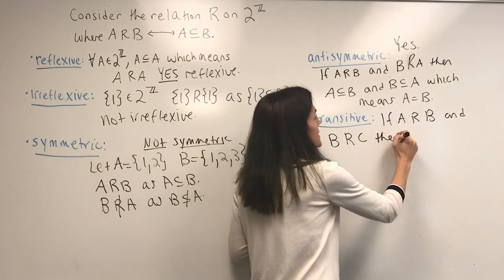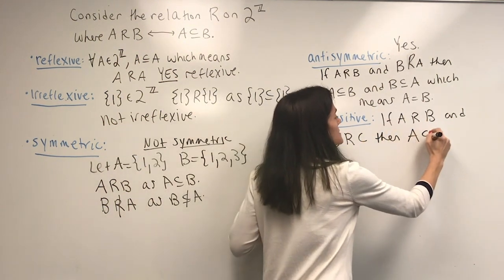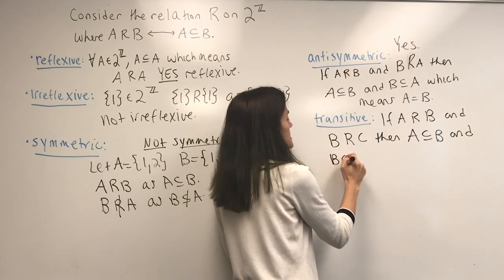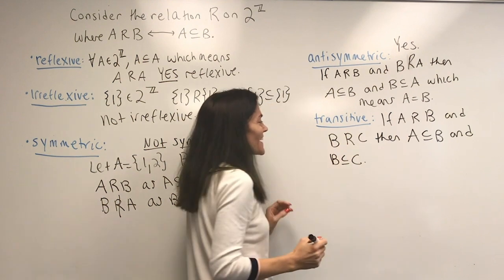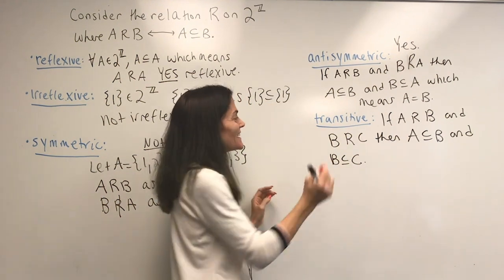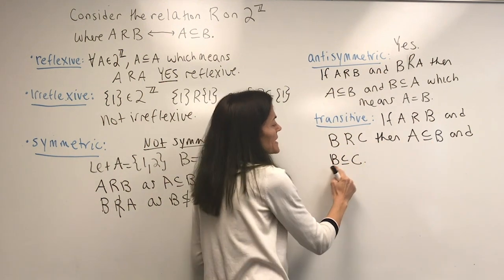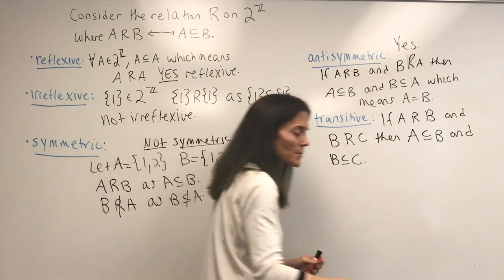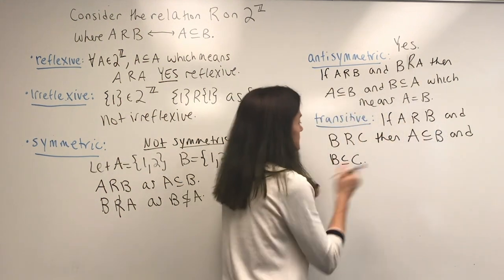But what we can say immediately from this is that A is a subset of B and B is a subset of C. Now, you might remember this from a homework. If A is a subset of B and B is a subset of C, then A is a subset of C. If you don't remember, we can prove it.